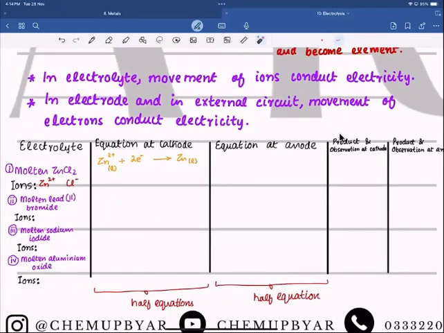Aisha, did you understand? Aisha Osman Ghani? So first, you have to write the ions for each electrolyte and then make the equation for the cathode. Okay.